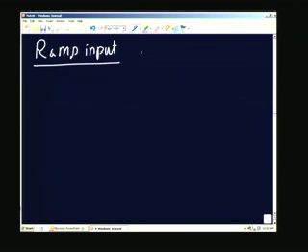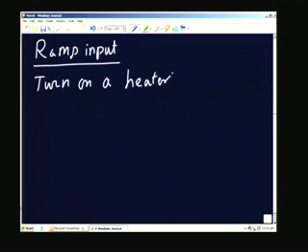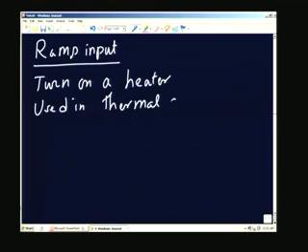For example, when you turn on a heater, or control it to vary with respect to time in a linear fashion, used in thermal analysis of materials.